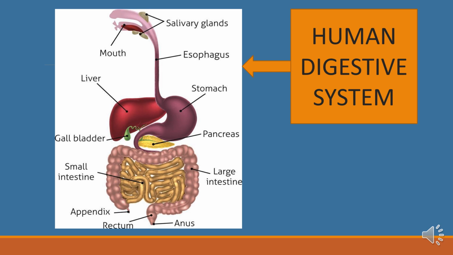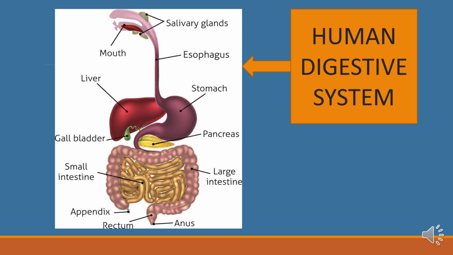From the stomach the food will go inside the small intestine. In the small intestine there will be complete breakdown of food, and the small intestine also helps in absorption. From the small intestine the food will be passed to the large intestine, and the large intestine helps in the absorption of water, and it passes the undigested semi-solid waste to the rectum, and then from the anus it will be released out of the body.